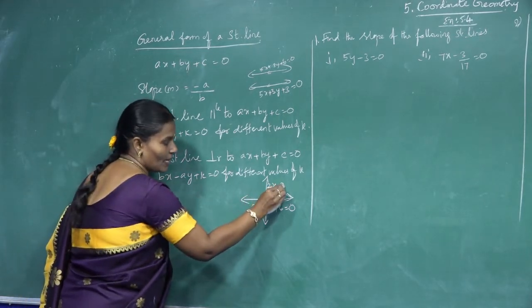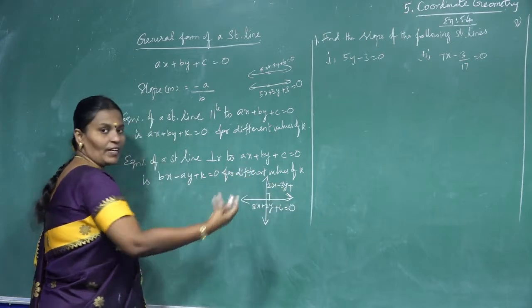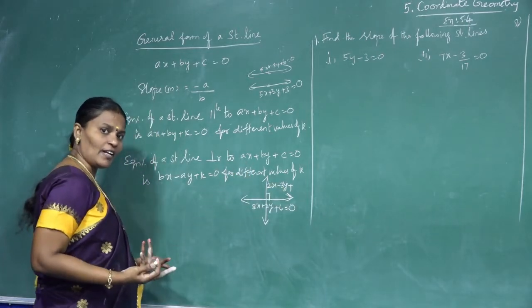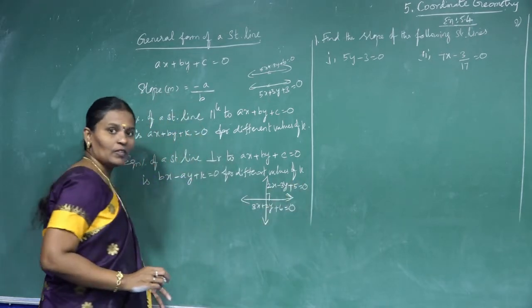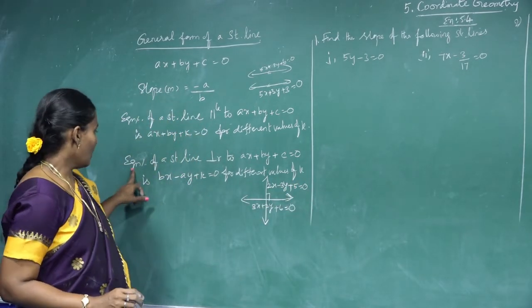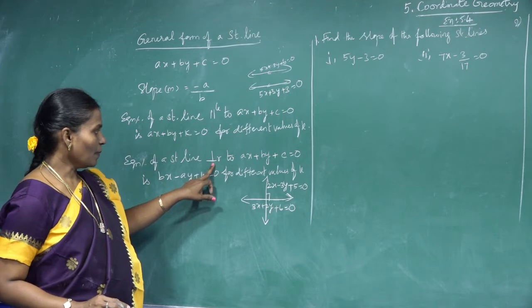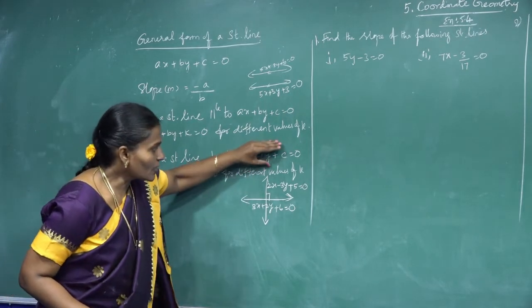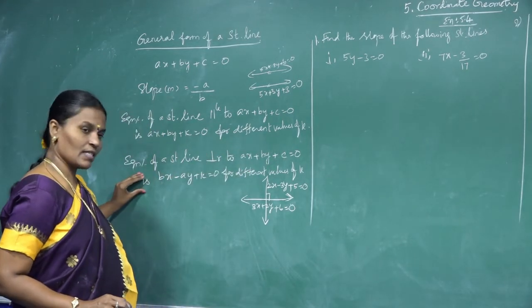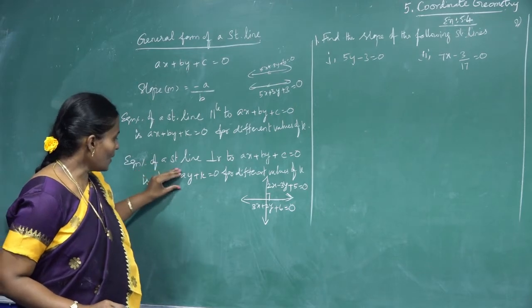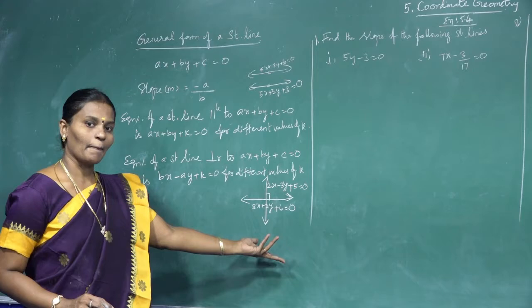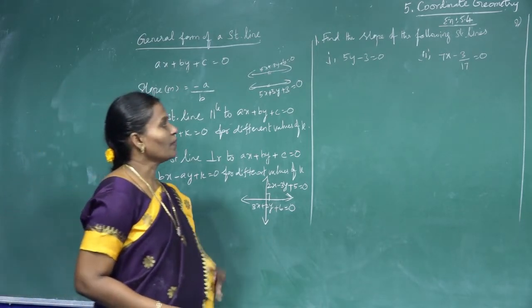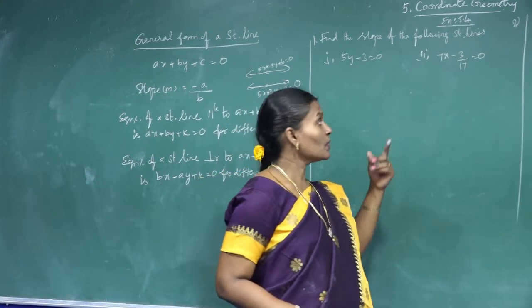So minus 3y, plus any different constant, say 5, is equal to 0. Like this, the equation of a straight line perpendicular to this line is bx minus ay plus k is equal to 0 for different values of k. Understand, children?